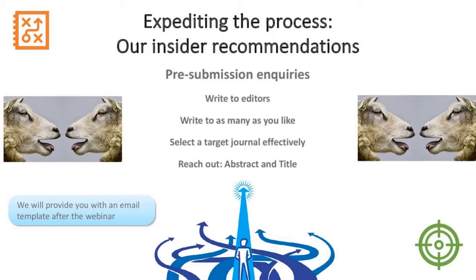One approach to this, and this will give you an inside line on the publishing process, because of course editors will come back to you and they'll say, sure, we think this article is appropriate for this journal, please submit it. Or they may come back to you and say, actually, it's not suitable for this journal, but we have another journal in our family that will be more suitable. Why don't you send it there?